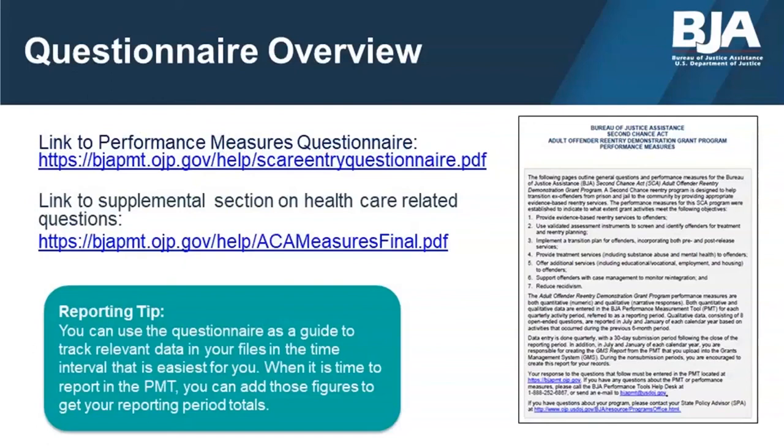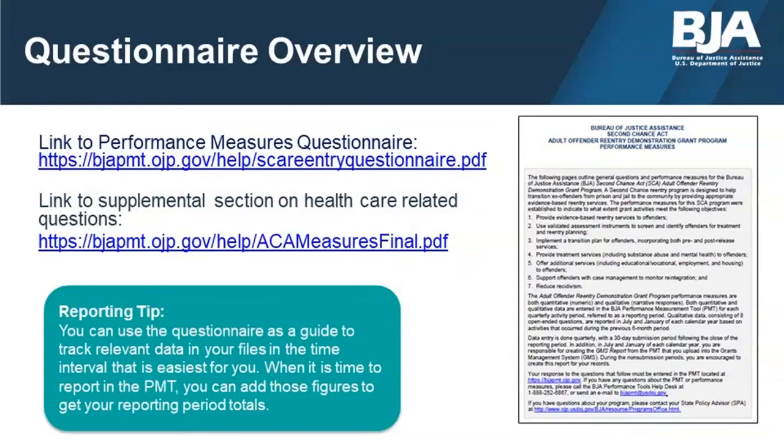Here are links to the Performance Measures Questionnaire, PDF documents which list every question you will encounter in the online PMT system. There are 2 links. The first one is to a main document. The second is for a supplemental section related to healthcare coverage that was developed later. FYI, the title on the main questionnaire refers to the SBA Adult Offender Reentry Demonstration Grant Program.